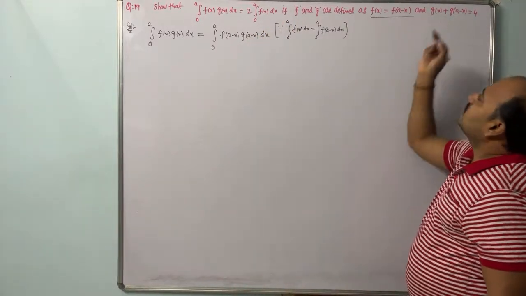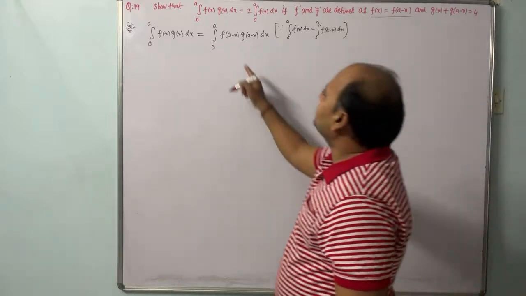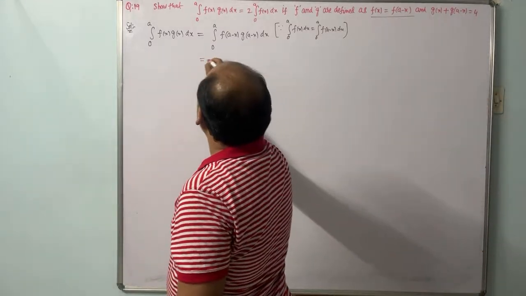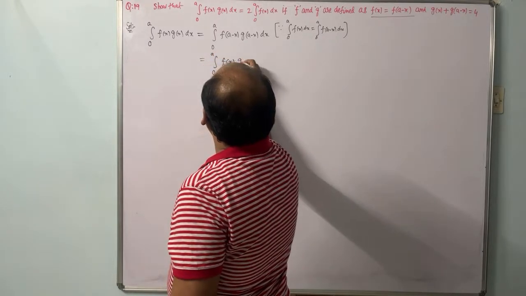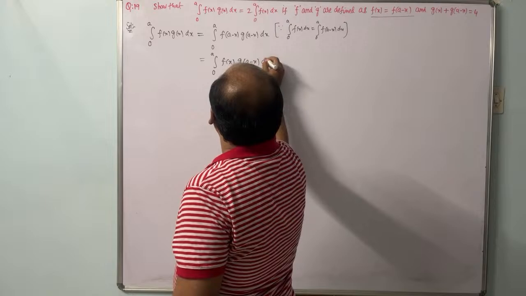As f of x equals f of a minus x, in place of f of a minus x I am writing integral 0 to a f of x into g of a minus x into dx.